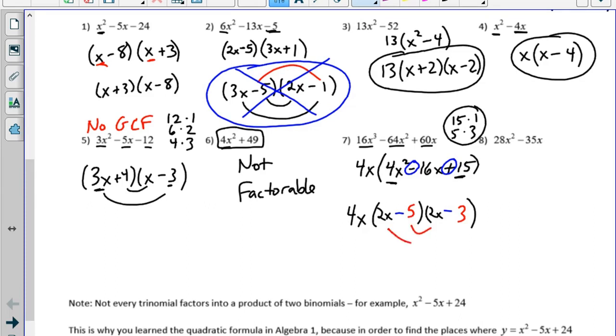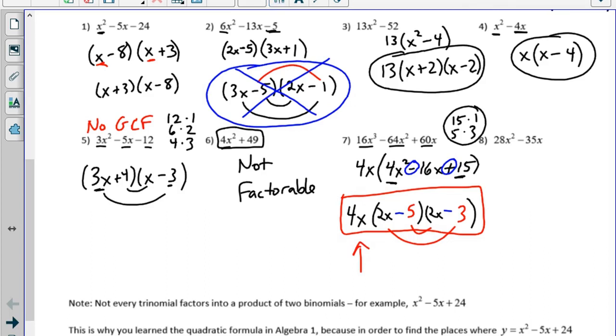I get 10 and 6. Negative 10x minus 6x gives me negative 16x, and this ends up being a winner. So 4x squared minus 16x plus 15 can factor into 2x minus 5 times 2x minus 3. That works out great. Do not forget the 4x that you factored out at the beginning.